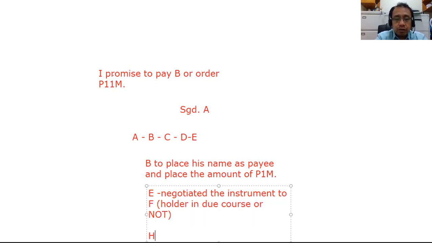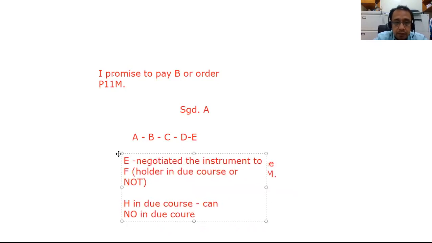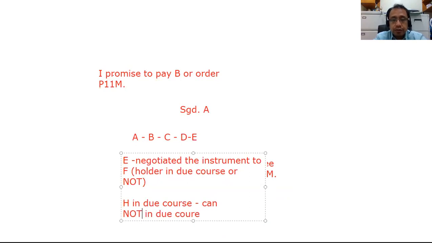If he's a holder in due course, then he can. But if he is a holder not in due course, then the answer would be no. So, even if it was not filled up strictly in accordance with the authority given, if the subsequent holder is a holder in due course, he can still enforce payment against A, B, C, and D. Because A, B, C, and D cannot refuse to pay a holder in due course.